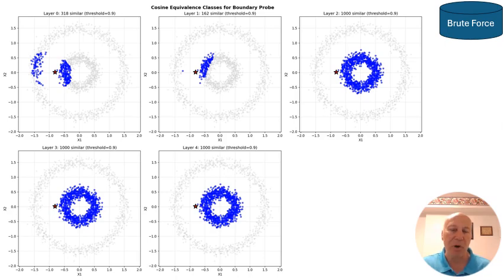Early on, from our probe point, that little star here, we see that the training examples that produce outputs at that layer similar to the outputs of the probe point are the ones that are physically closest to that probe point. So in early layers, the reconstruction looks almost like the original input. Still, as we go through layers, we see that mostly physically nearby examples produce outputs that are similar.